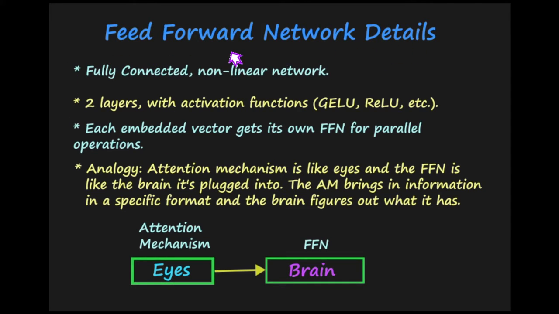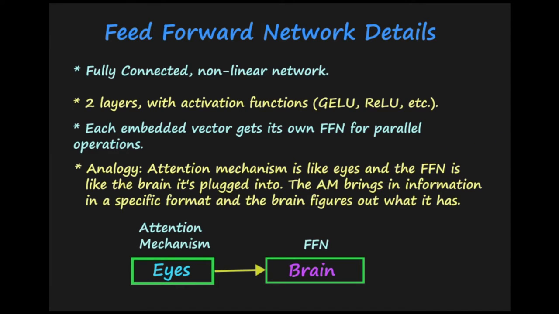Some details on the feed-forward network with respect to the decoder transformer. As was said, the self-attention mechanism is specific to transformers, and the feed-forward network is common across all deep learning models.